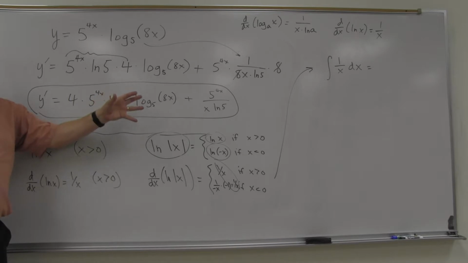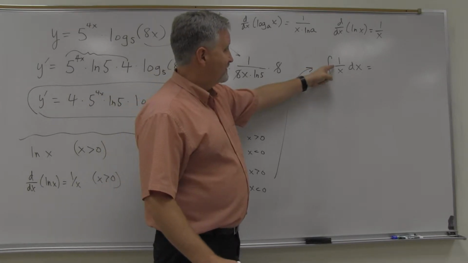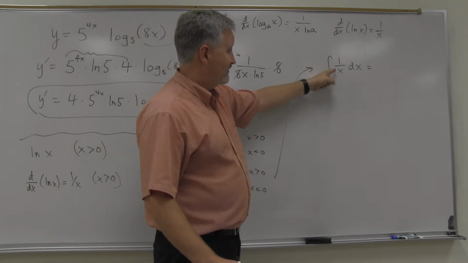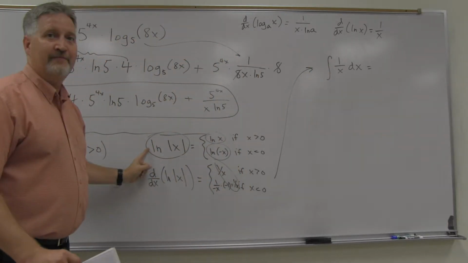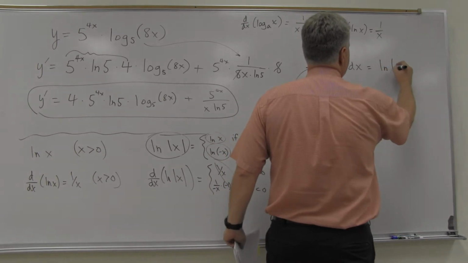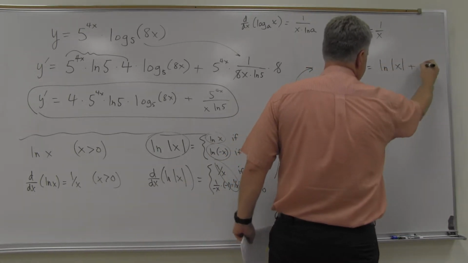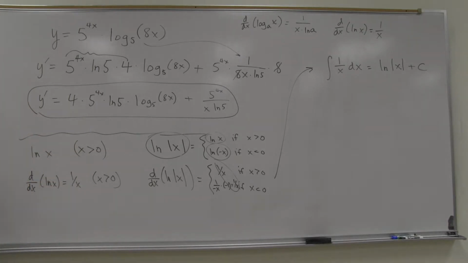Because that gets more x values involved. You see what I'm saying? So the antiderivative of 1 over x is ln of absolute value of x, and then since it's an indefinite integral, plus c.